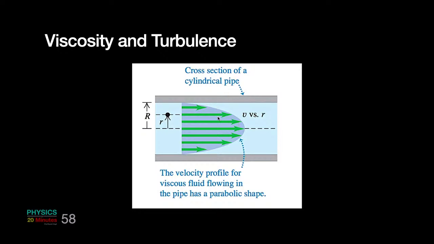So the velocity gradient exists, and because of this, if you take any layer, then this layer will try to pull the faster moving layer in the backward direction, while simultaneously this layer will try to pull the other layer in the forward direction. So there is friction between different layers of the liquid, just like friction happens between solids.